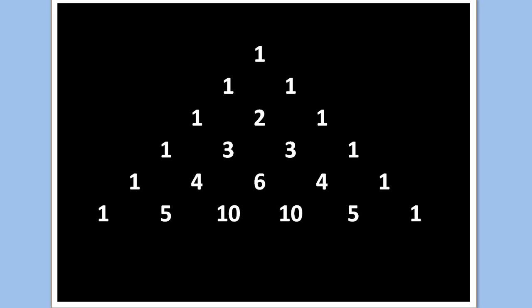So 4 choose 1 would be 4, and then I had 4 choose 2, which would be 6. So imagine I added them together. So 4 choose 1 plus 4 choose 2 is 4 plus 6, which is 10, and that's the 10 underneath.